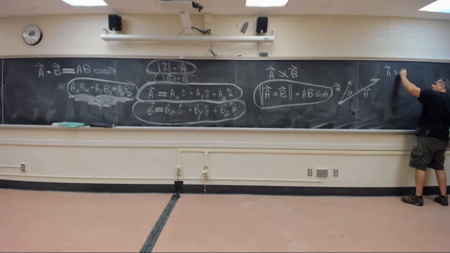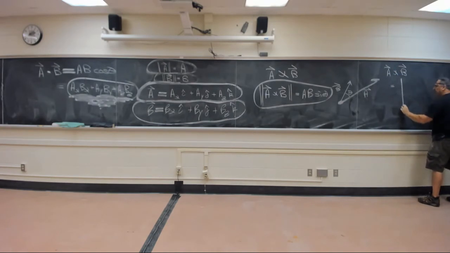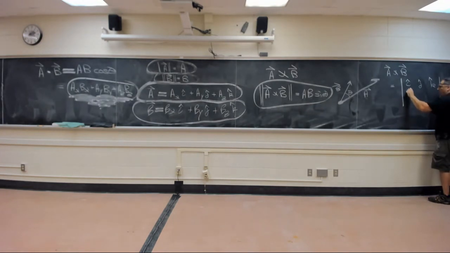A vector cross B vector is equal to, if you guys know determinants, here's an I hat, here's a J hat, here's a K hat, and go AX, AY, AZ, BX, BY, BZ.